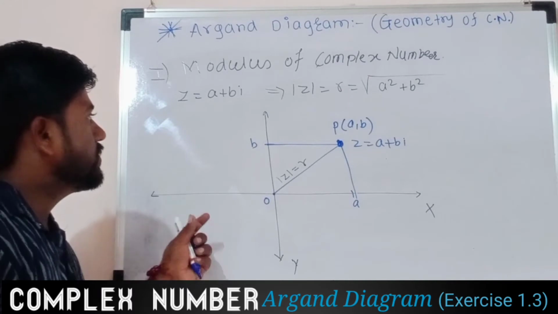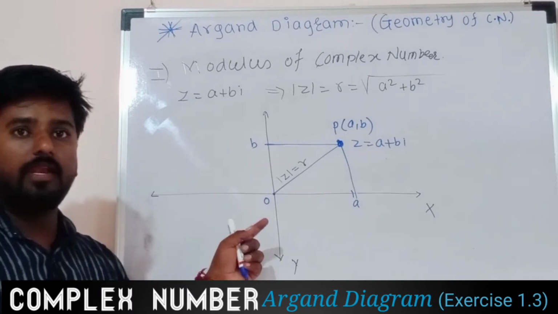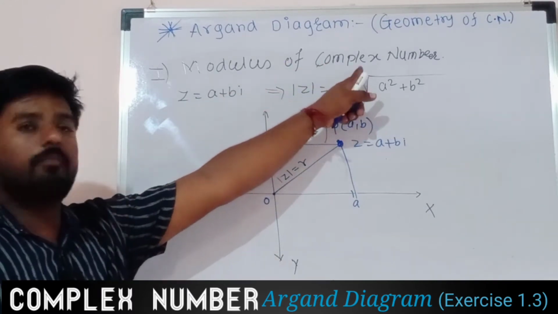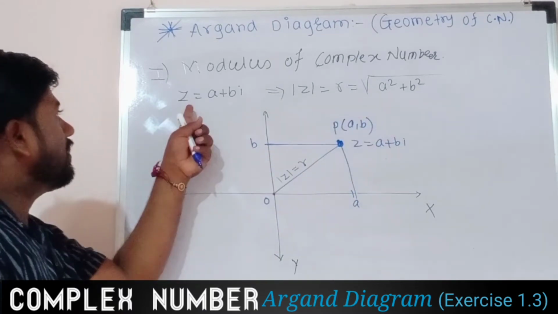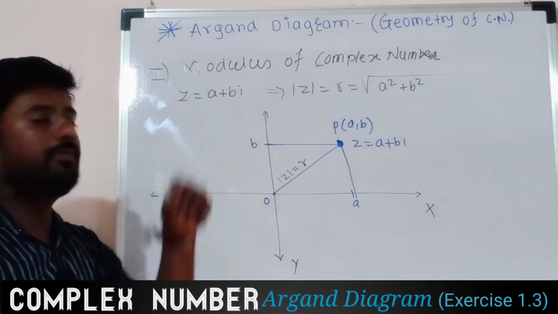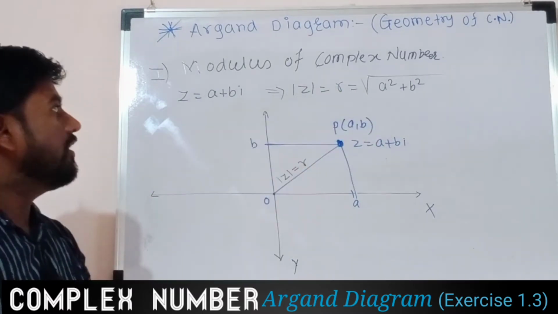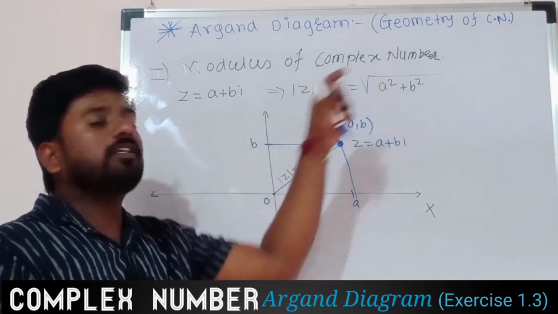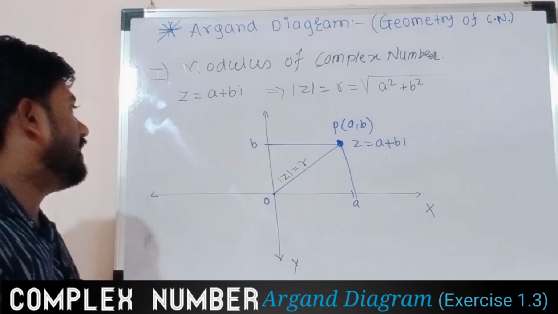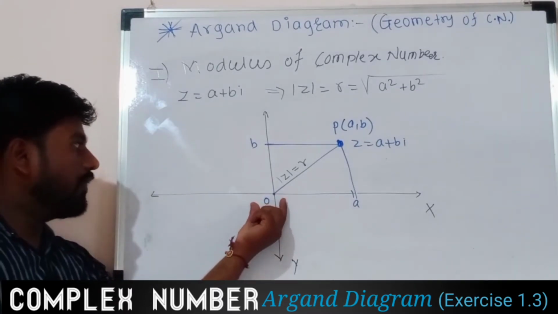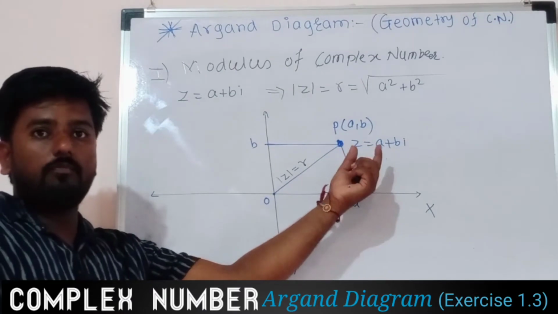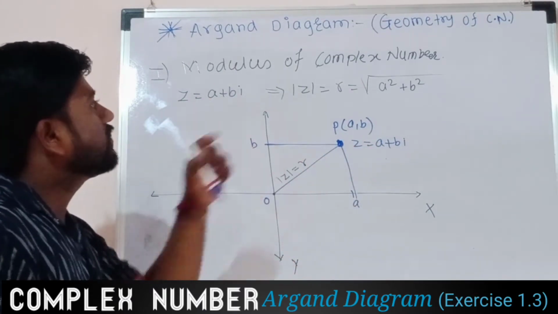This is the geometrical meaning of the modulus of a complex number. I have taken a general complex number a plus bi, and its modulus is square root of a square plus b square. So geometrically, the distance from the origin to the corresponding point is the modulus of the complex number.